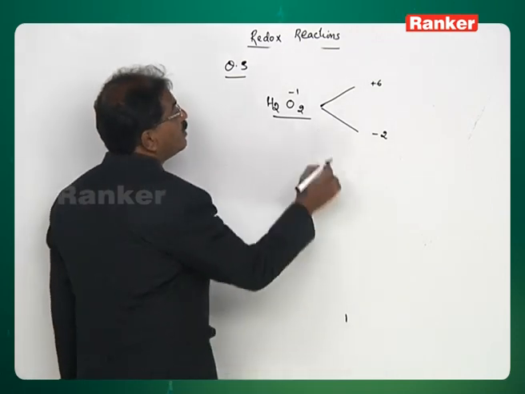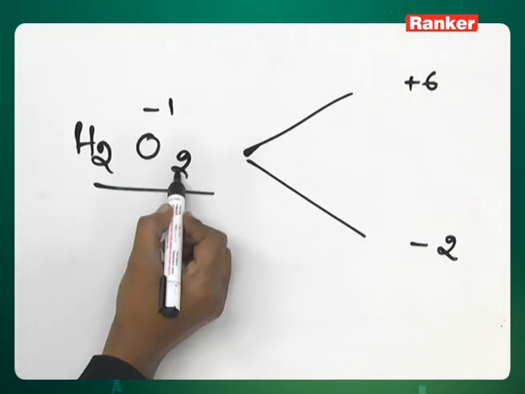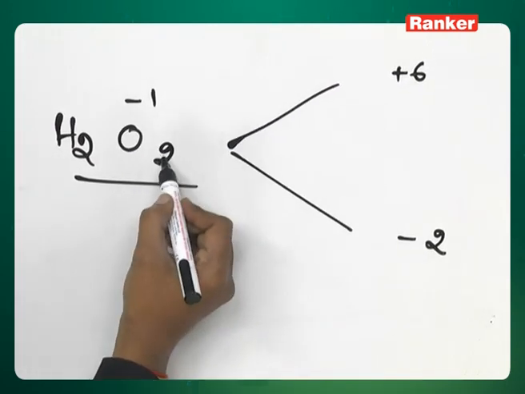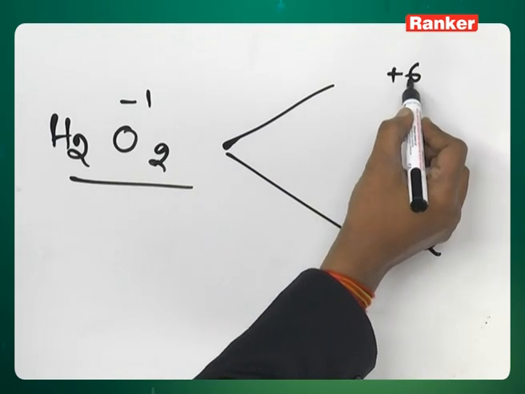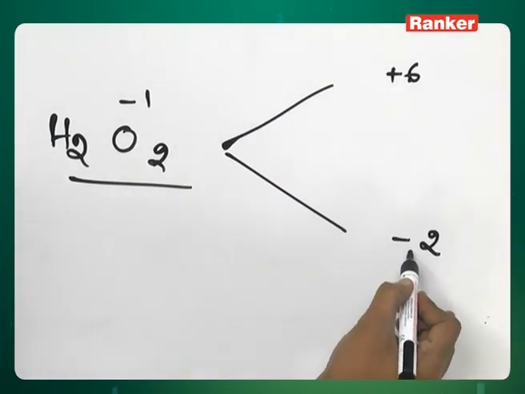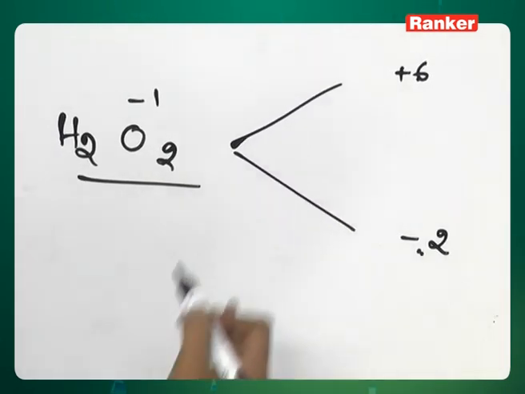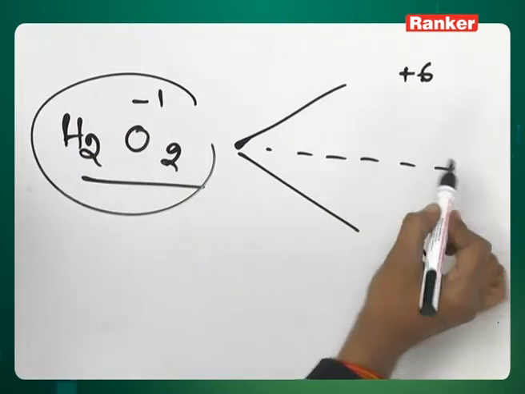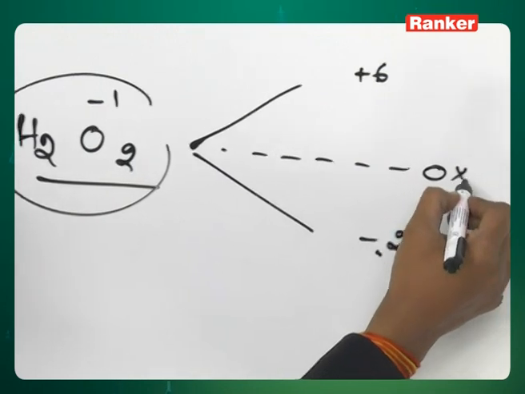Therefore, in general, if any atom exhibits one of its intermediate oxidation states, that means that oxidation state is neither equal to the highest possible value nor equal to the least possible value, then in that compound that particular element always acts as both oxidizing and reducing.